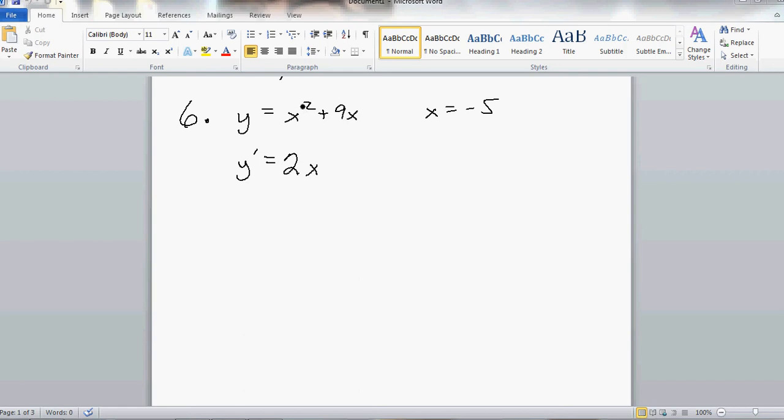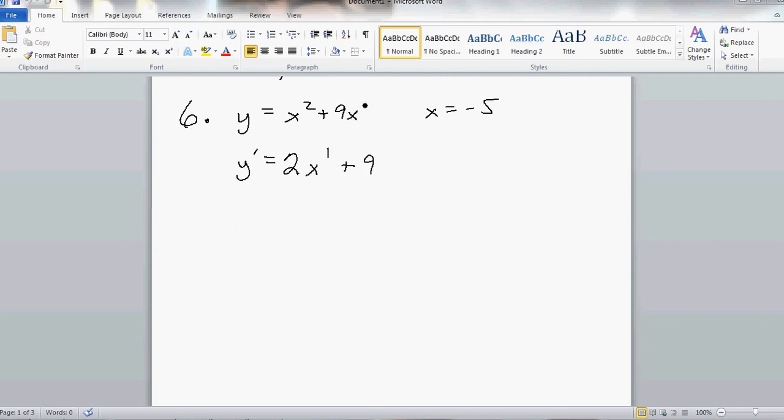Then this exponent is going to have 1 subtracted from it. 2 minus 1 is 1. The exponent here is 1. I'm going to take this 1 times this 9. 9 times 1 is 9.